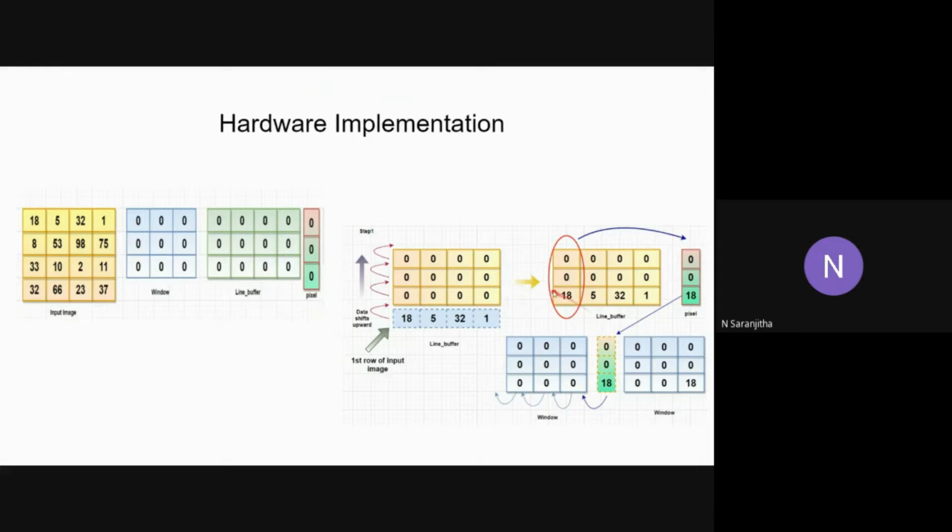Then the first column of the line buffer is copied into the pixel array, and this pixel array is then copied into the last column of the window array by shifting the window leftwards.